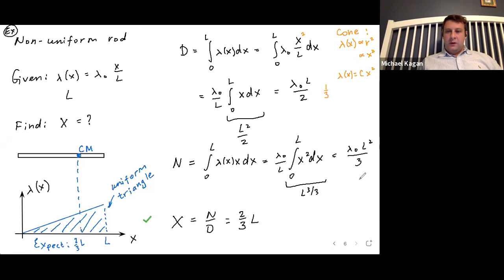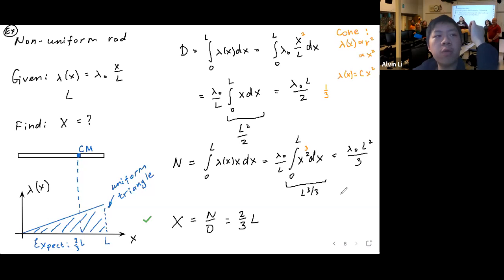And instead of 1/3 here, we would get what? Because this would have become x cubed, right? So you just got 4 over 3 for the center of mass.